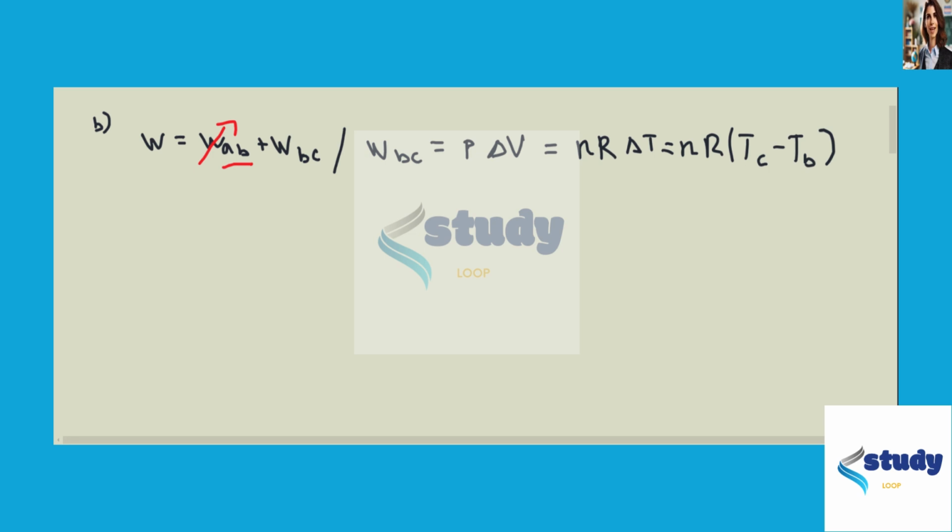We can now directly substitute values and find that it is 2.5 moles times 8.314 joules per mole Kelvin times the difference between the temperatures.